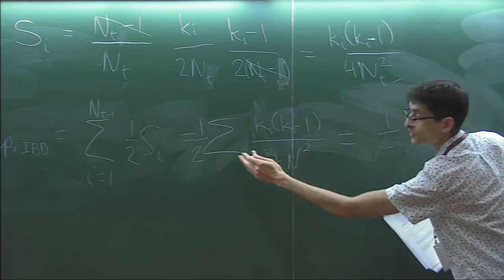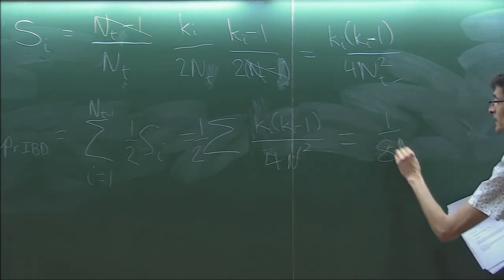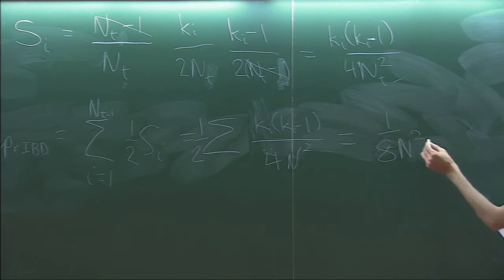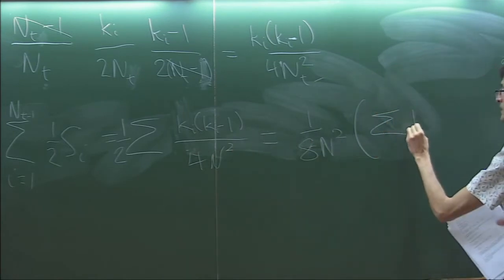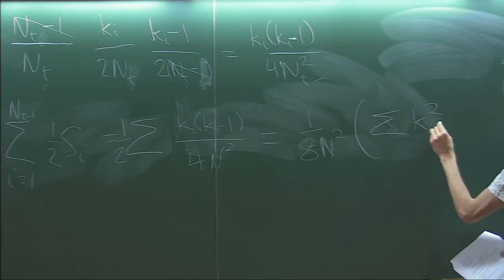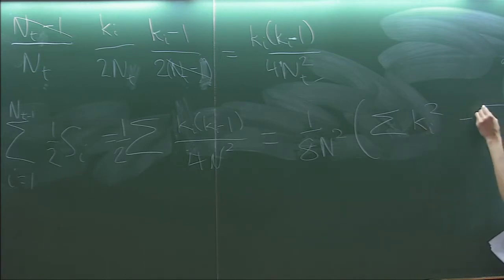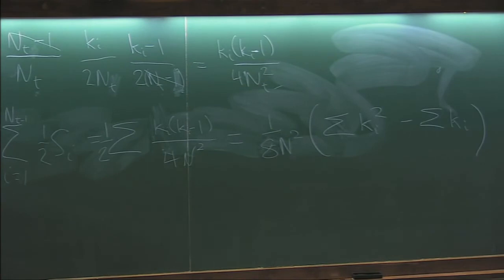Or actually, I'm going to pull this whole thing out, so we get 1 over 8n squared times this summation. If you multiply this, you get a k squared term minus the sums of all the k's. Okay, you with me?